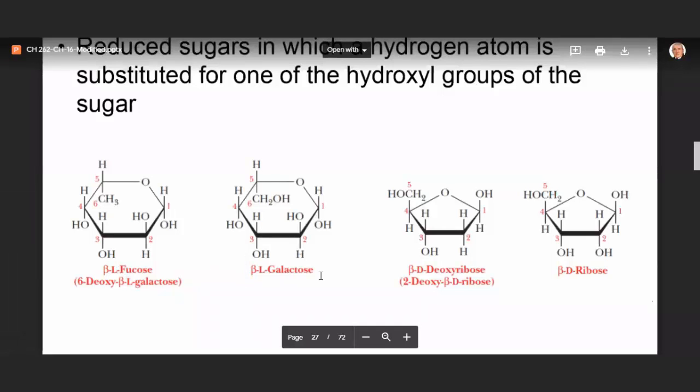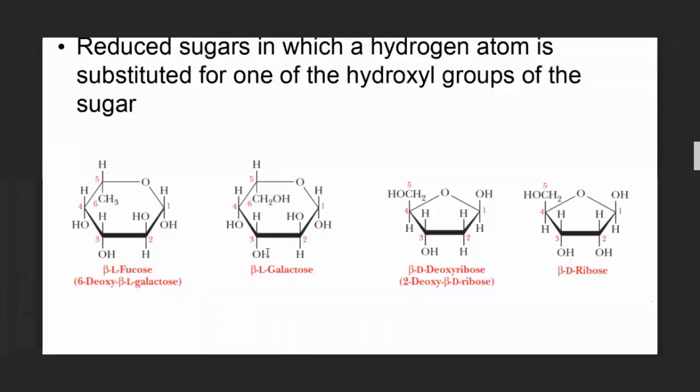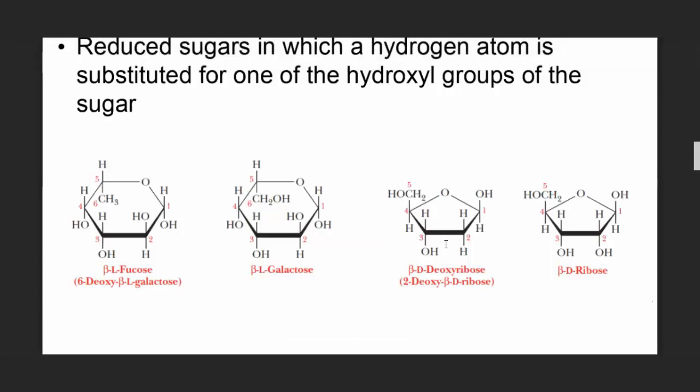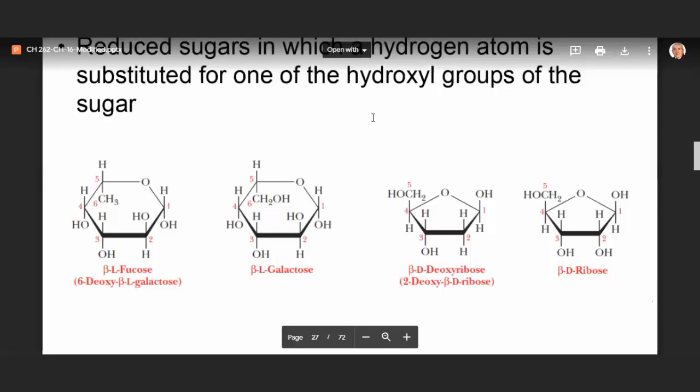Notice the reference is beta L-galactose. Now, if you replace this oxygen with hydrogen, this is called a reduced sugar. And the same, if you have ribose and in position 2 you replace the oxygen with hydrogen, this is also called a reduced sugar. So these two are examples of reduced sugars.